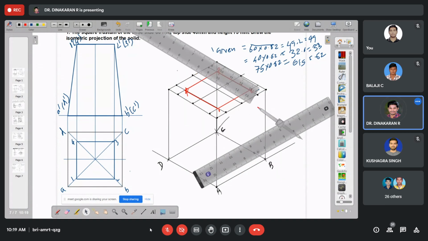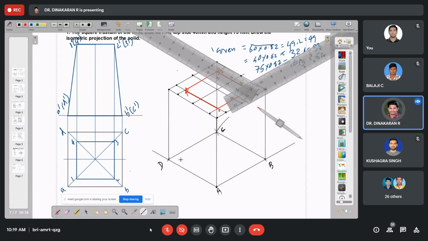The bottom surface is visible. The top full surface is visible, and the slant longer edge is this edge.